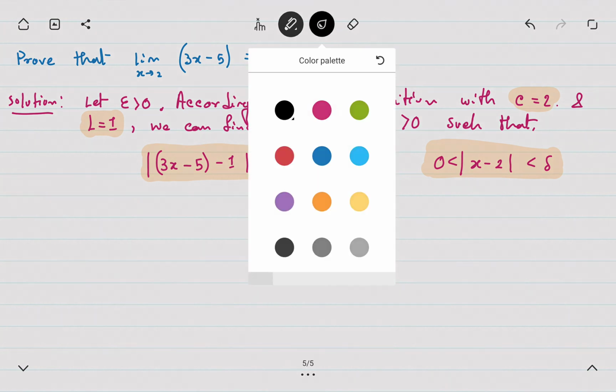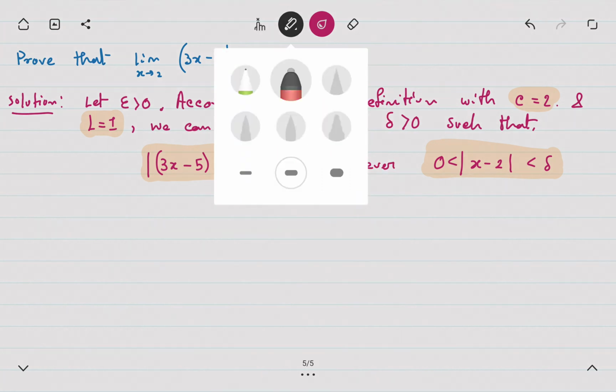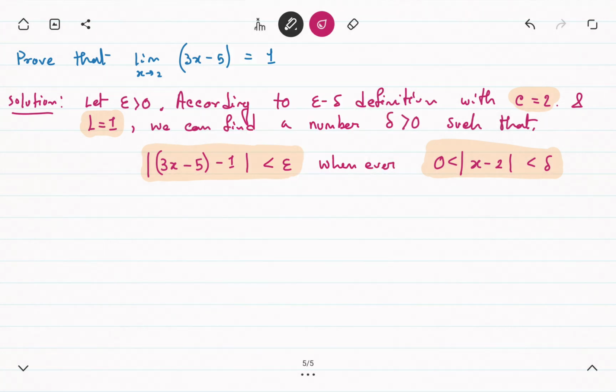Next, I will write the next part of the proof.